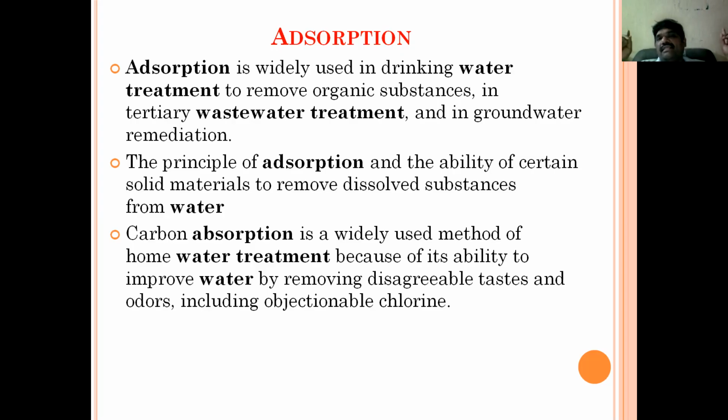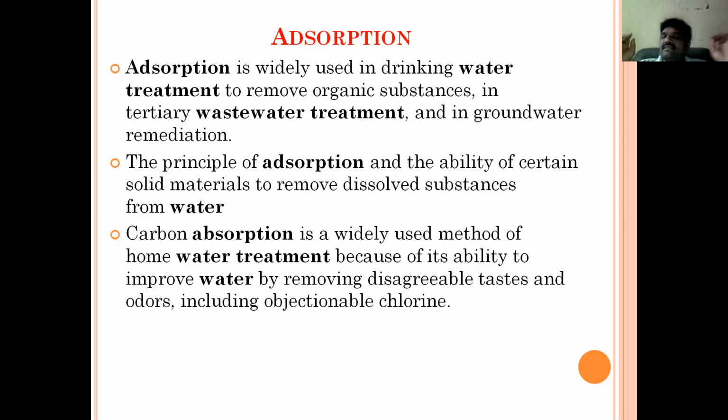One more time, adsorption, that is not absorption. This is adsorption. First point, this will be used in wastewater treatment, and mostly it is used to remove disagreeable taste, odor, objectionable chlorine, and organic matter, all of which can be eliminated by adsorption methods.